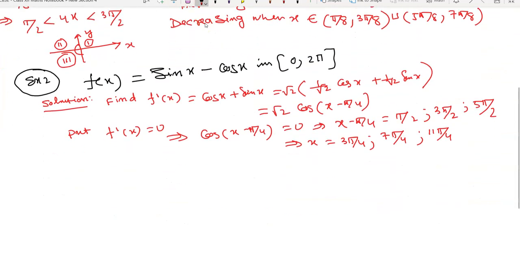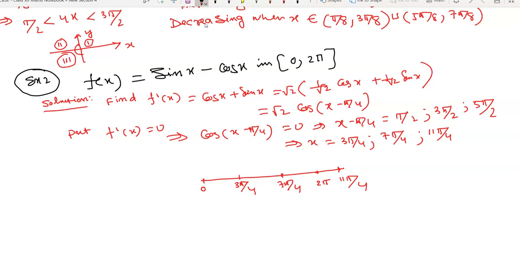Okay, so again in the same manner I'll be plotting the number line here. Those points are going to be 0 here, then 3 pi by 4, then 7 pi by 4, then 11 pi by 4, but we don't want to take it into the interval, we'll be taking up to 2 pi. Then what method have I told?